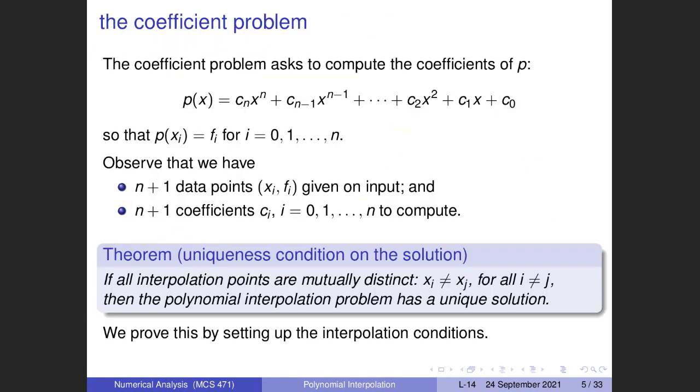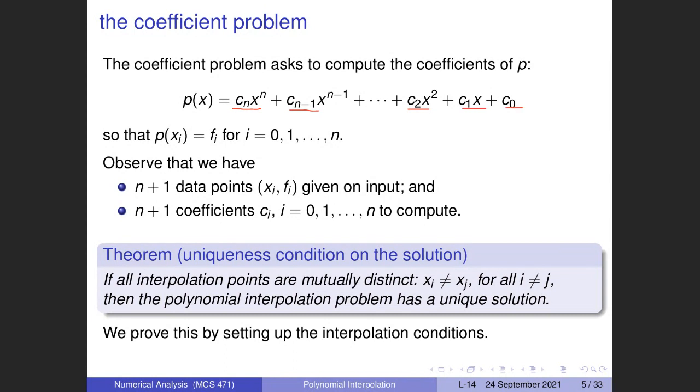All right, so we have the coefficient problem. The coefficient problem asks to compute the coefficients of the interpolating polynomial. So we have the unknown coefficients. Here they are all written out with the dot, dot, dot notation.